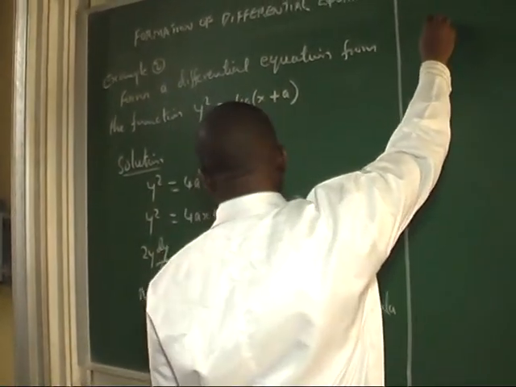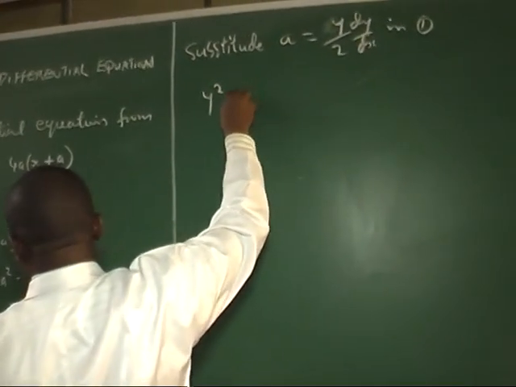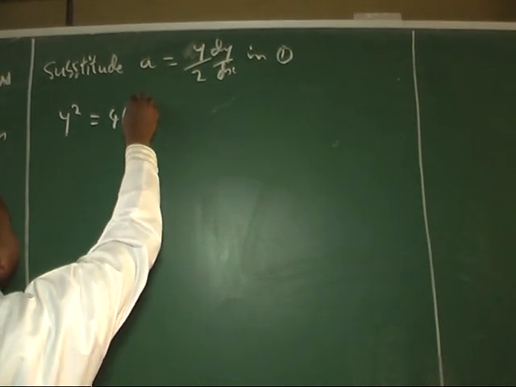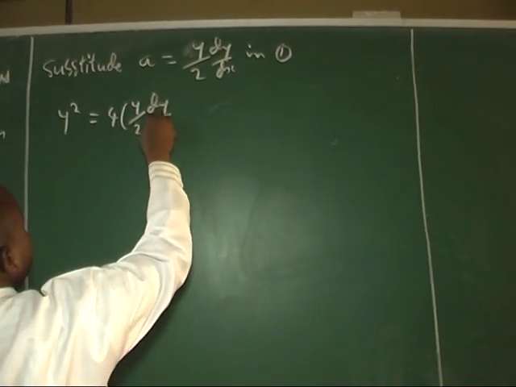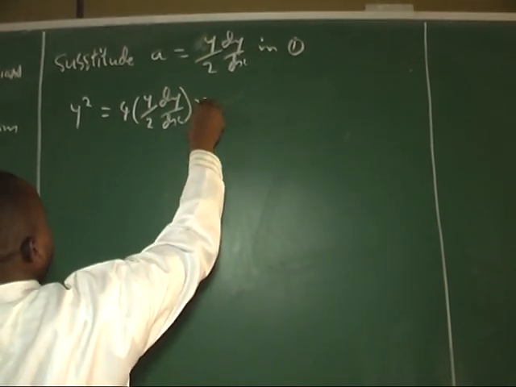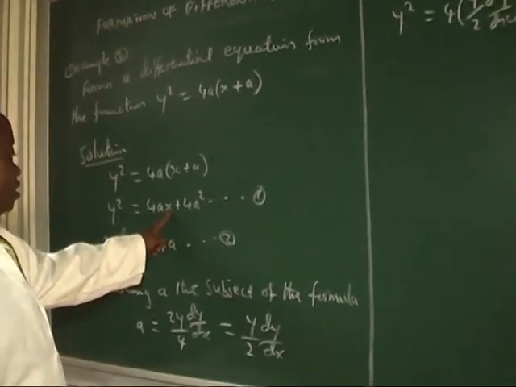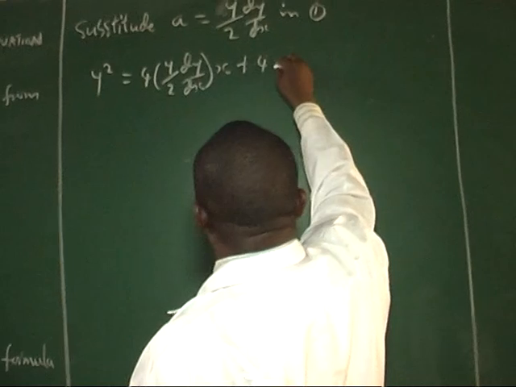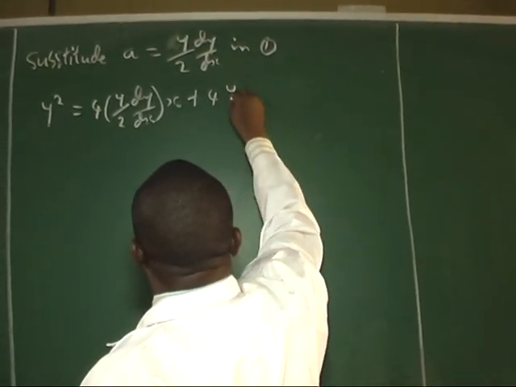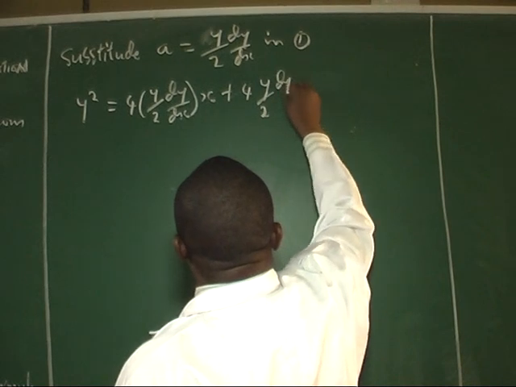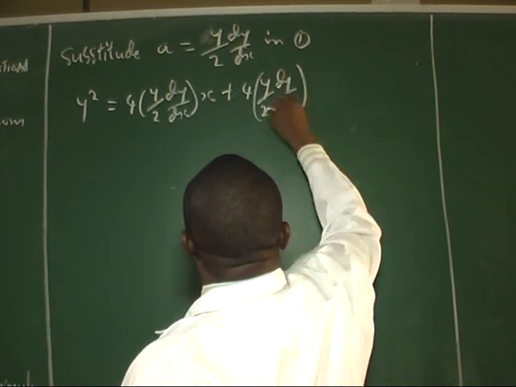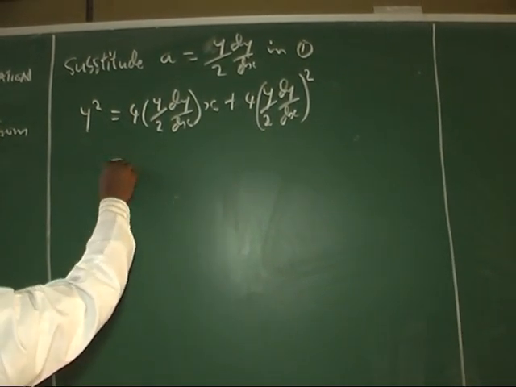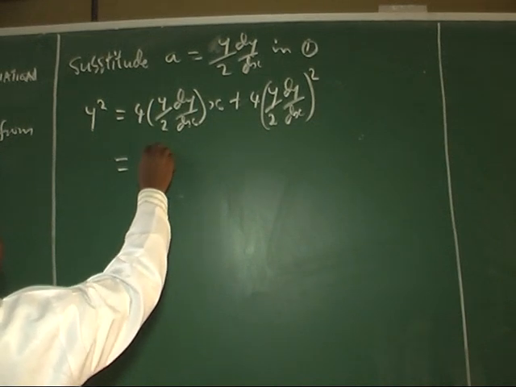And we do that, we'll have that y squared is equal to 4a, and then we know that a is y over 2 divided by dx, times x, plus 4a squared, that is y over 2 divided by dx squared.